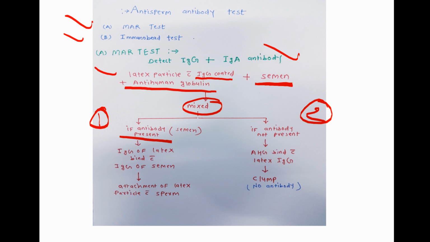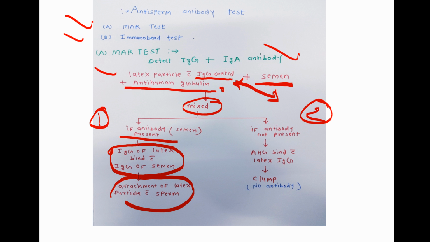If the semen has antibodies, anti-human globulin binds the antibodies of the semen to the IgG-coated latex particle. So the IgG of the latex particle binds with the IgG of the semen. Very simple. So there is an attachment of latex particles with the sperm. The sperm containing antibodies combine with the latex particle antibodies, and we will see the attachment of latex particles with the sperm. If more than 50% of sperm are attached to the latex particles, it means that is the abnormality.